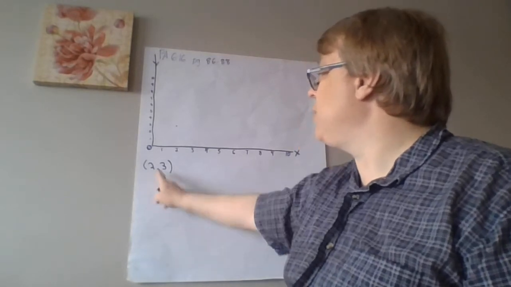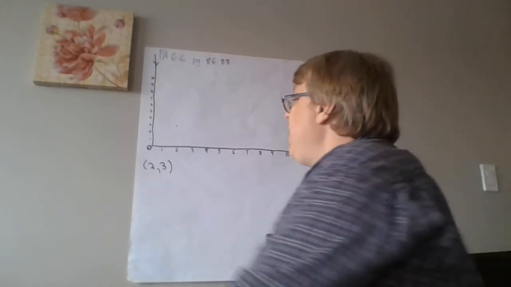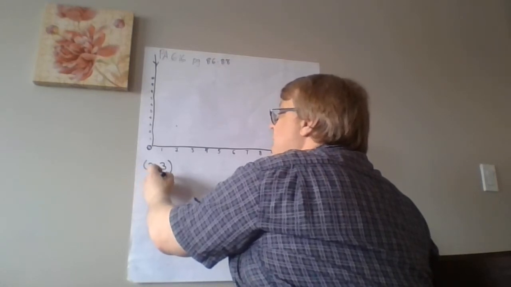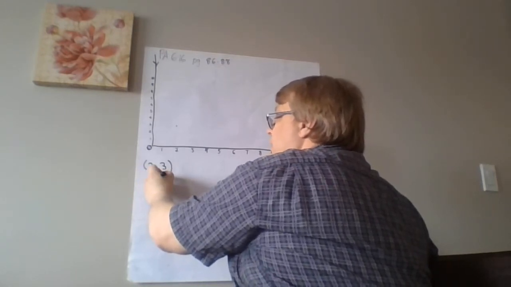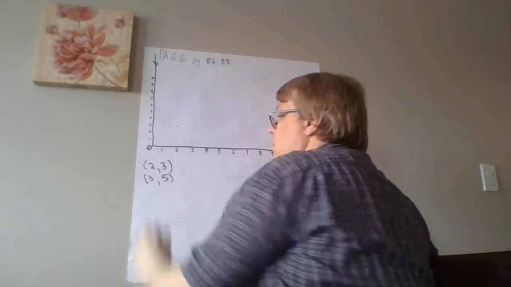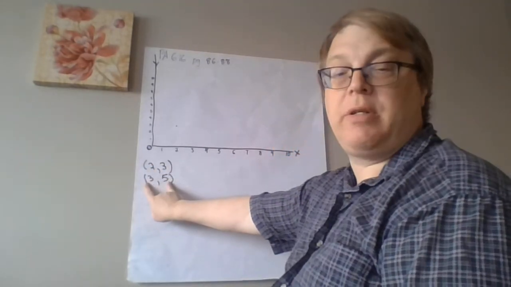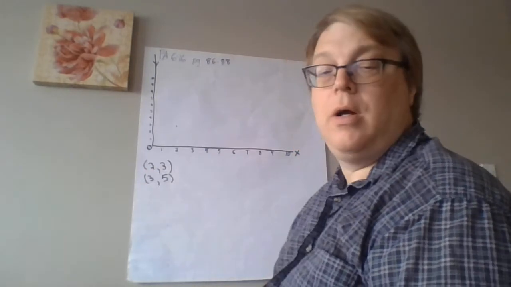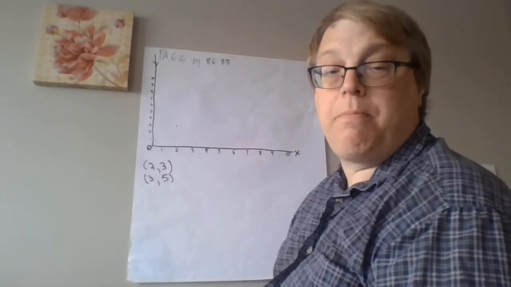So we'll have something like (2, 3), and then we'll have something like (3, 5). Again, we usually write them in brackets just to help us realize that those are partners.